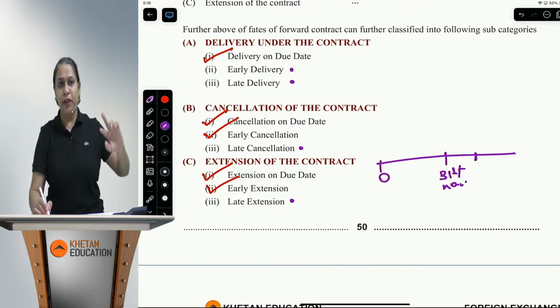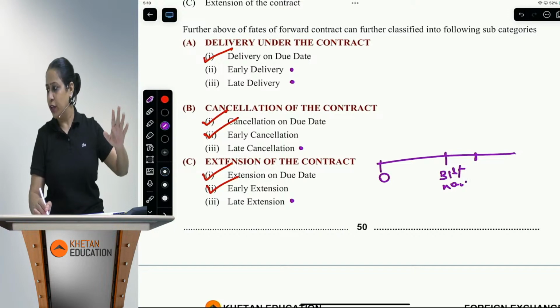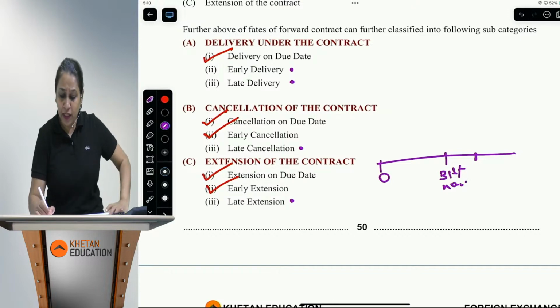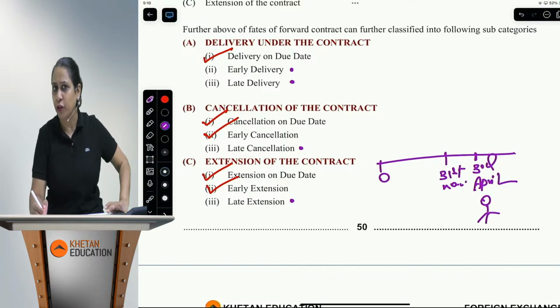Previously it used to be 14-15 days, but now only 3 days are allowed. That means it will be 3rd of April. On 3rd of April, if you do not turn up, nor intimate anything to the bank, then your contract gets cancelled automatically without any information to you.